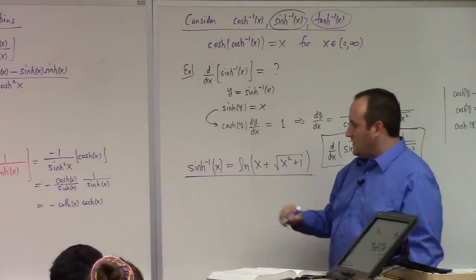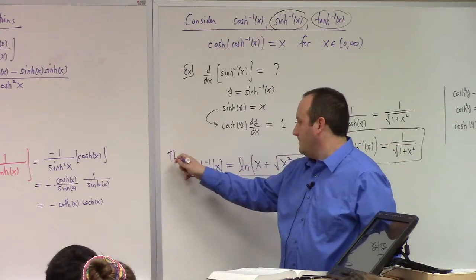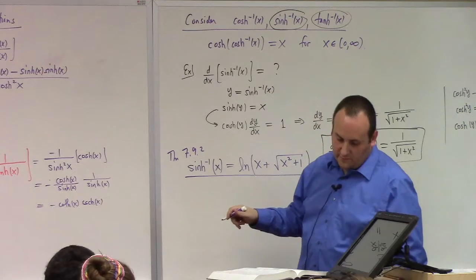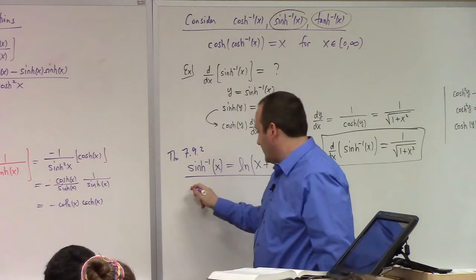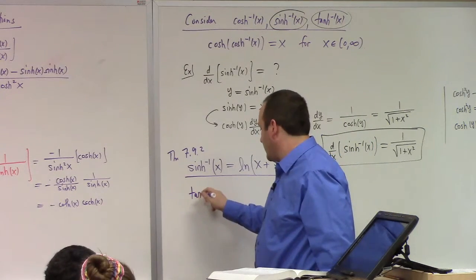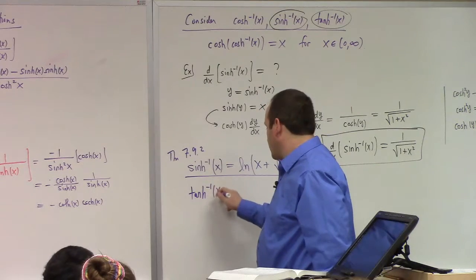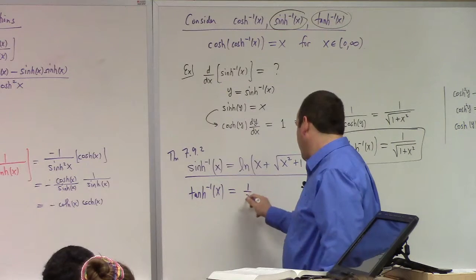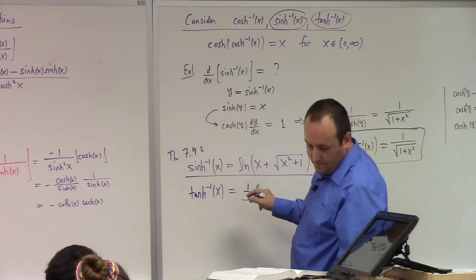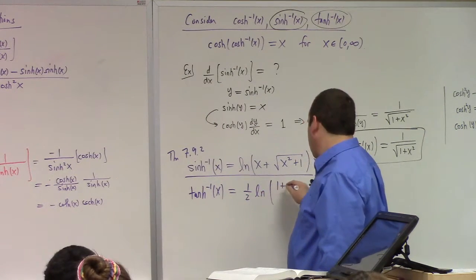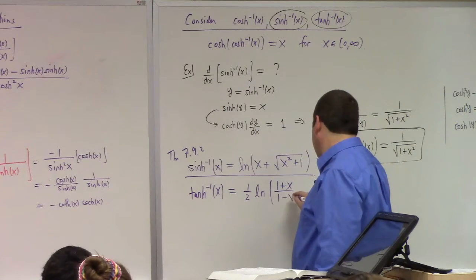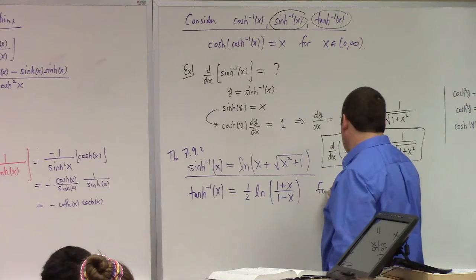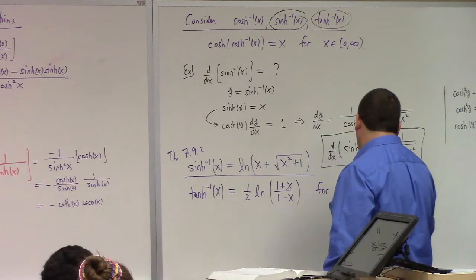So here's the first one. If you look at theorem 7.9.2, there are 2 more. There's one for inverse hyperbolic cosine, but I'll do the inverse hyperbolic tanh one too, because it's kind of interesting. The inverse hyperbolic tanh is 1/2 the natural log of (1 plus x) over (1 minus x), for minus 1 less than x less than 1.